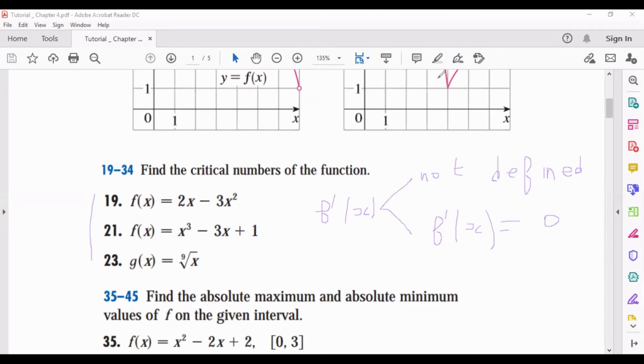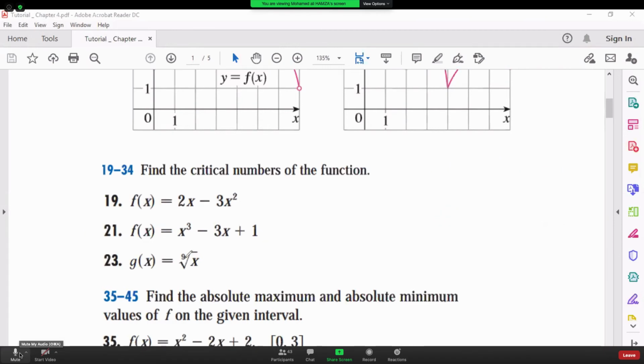Quickly guys, as you like. For 23, the best way is to look at your function like x to the 1 over 9.